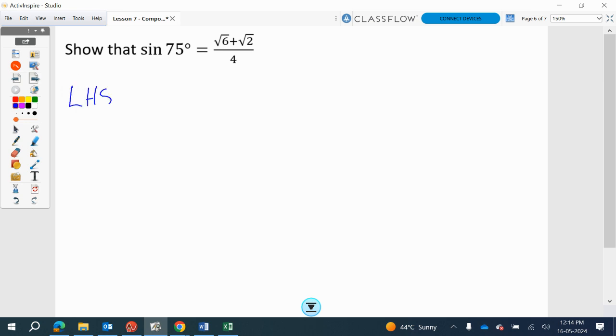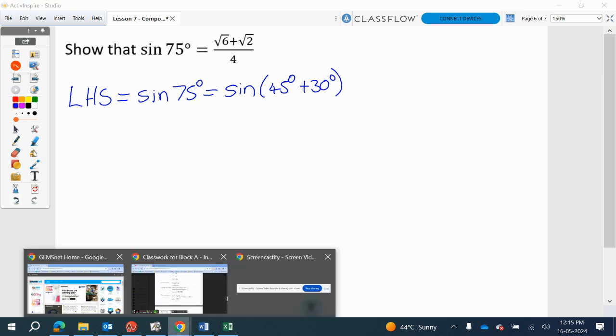Left-hand side is equal to sine 75 degrees, which equals sine 45 plus 30 degrees. All right, expand and simplify using your rule. I'll give you a minute for this one.